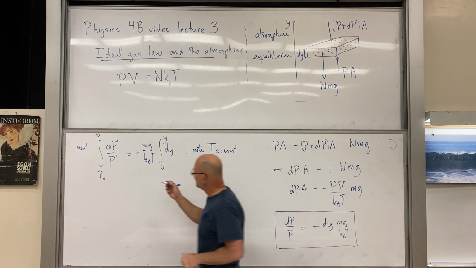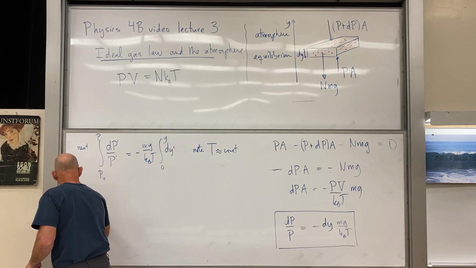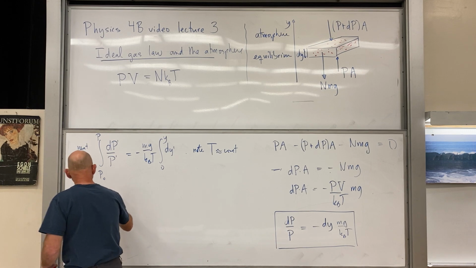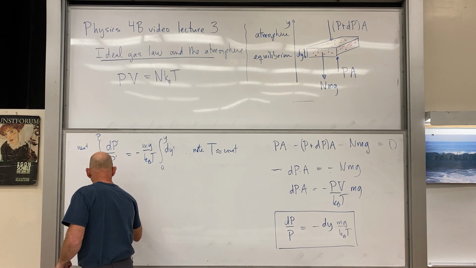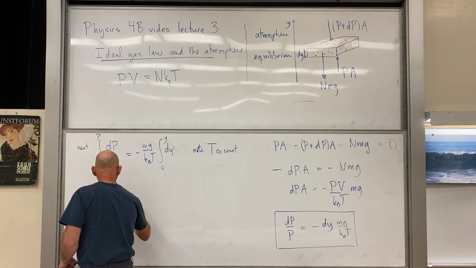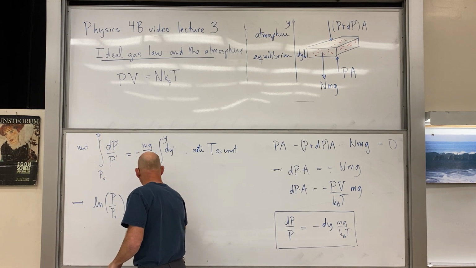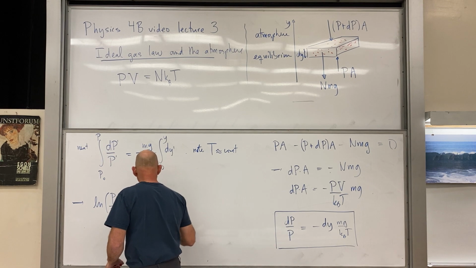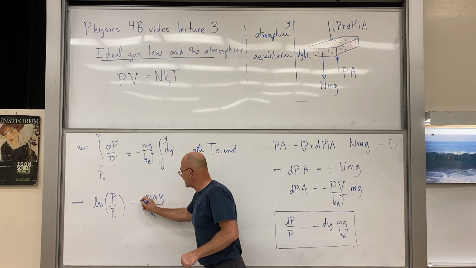Good, so let's go ahead and integrate this. We've got the natural log of P over P0 on the left side. We've just got mgy over k Boltzmann temperature with a minus sign on the right.